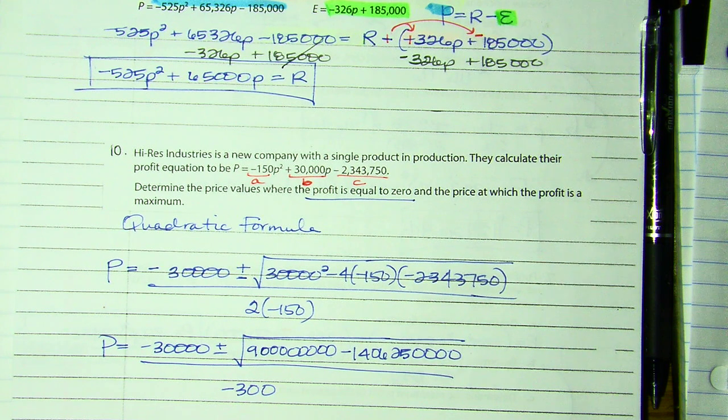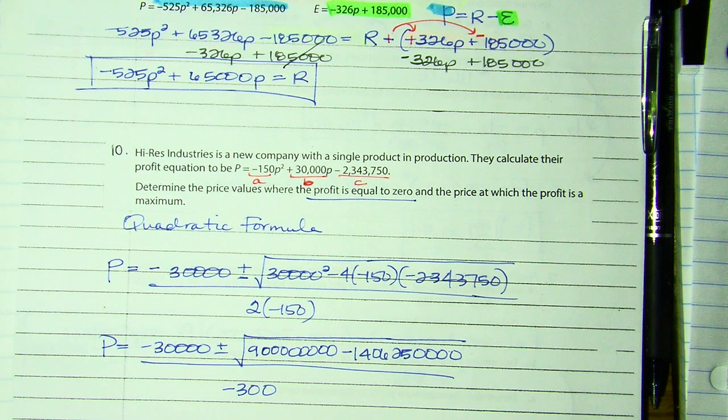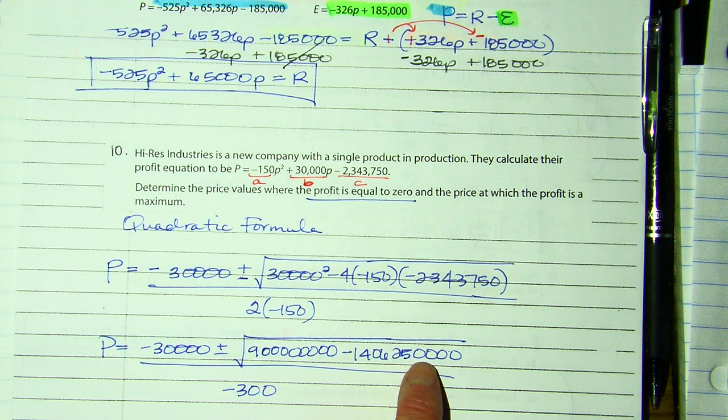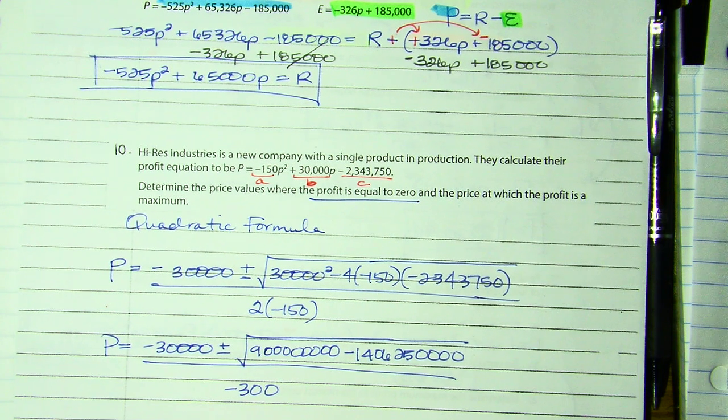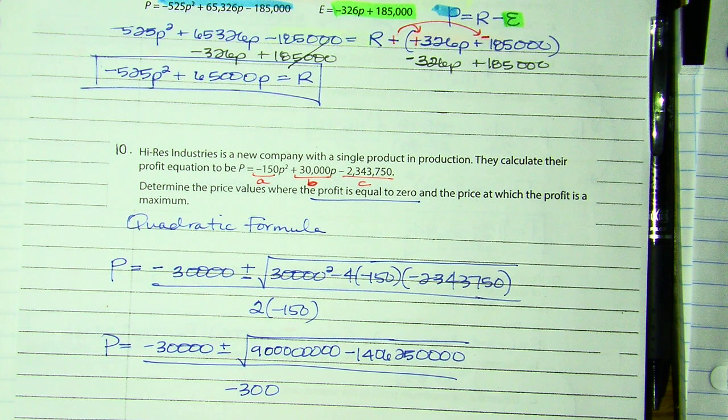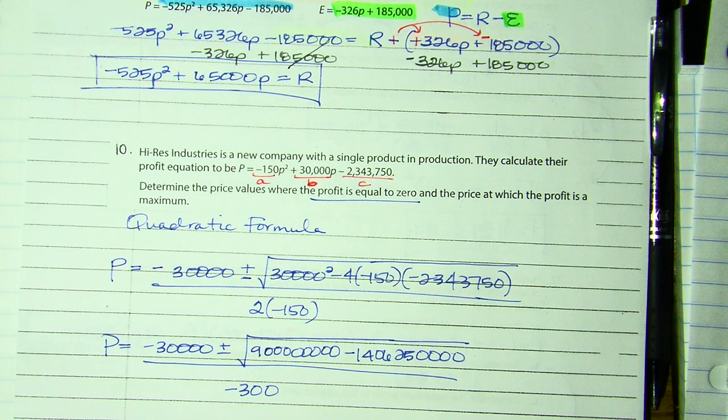So now I'm going to simplify. Okay, and I get all over negative 300.